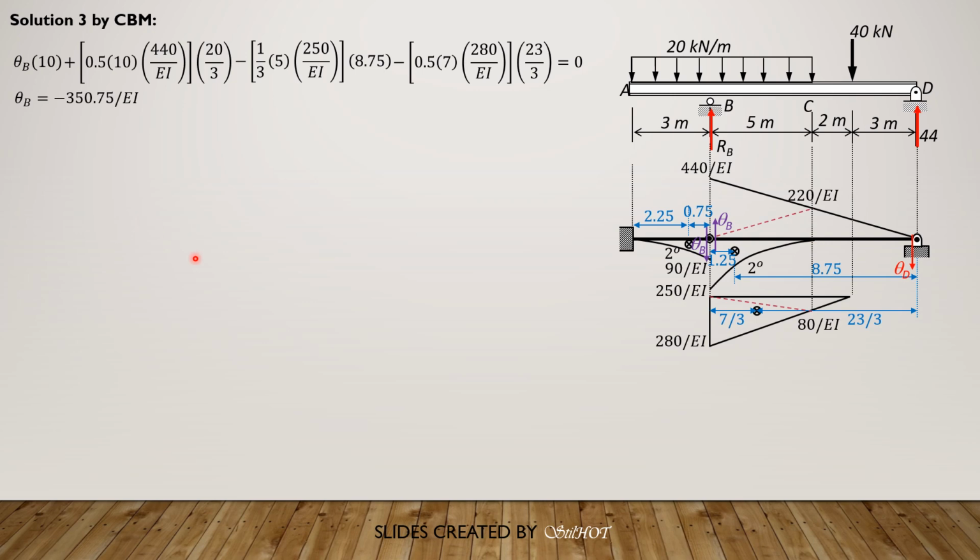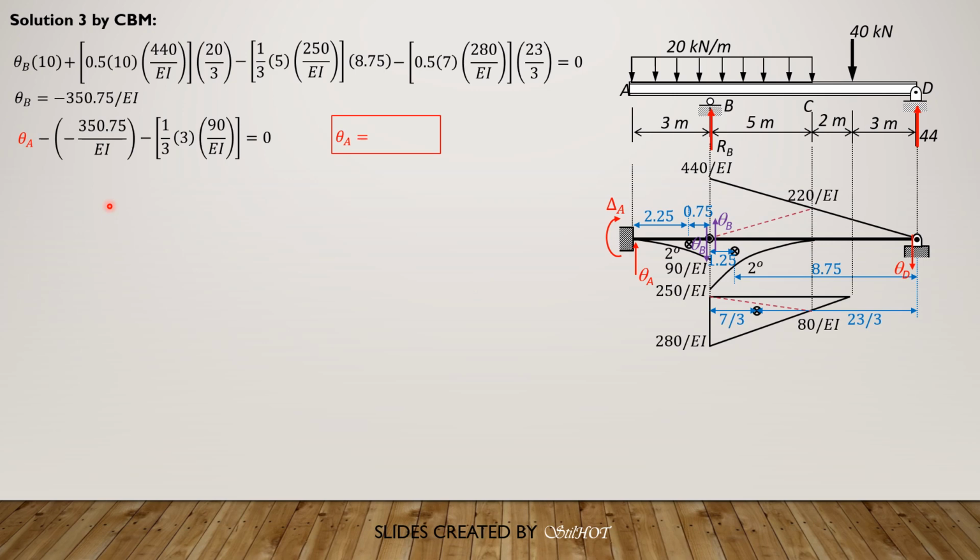Next, we consider AB. So this is the positive theta A assumption and positive clockwise delta A. Summation of forces in y equals 0. So theta A, then minus theta B, which is going down, and theta B is negative 350.75, minus the area, which is minus 1/3 of 3 times 90 over EI, then equals 0.